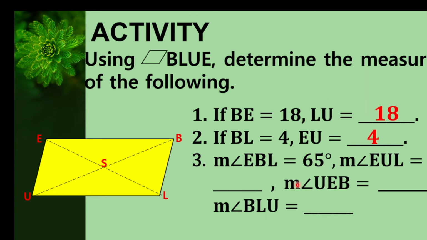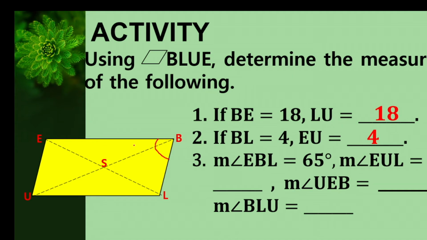Number 3. If the measure of angle EBL is equal to 65 degrees, the measure of angle EUL is equal to blank, the measure of angle UEB is equal to blank, and the measure of angle BLU is equal to blank. First, we need to identify the given angle. The given angle is angle EBL, and angle EBL is this.